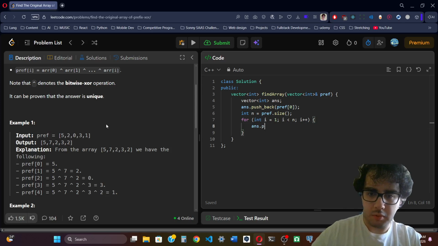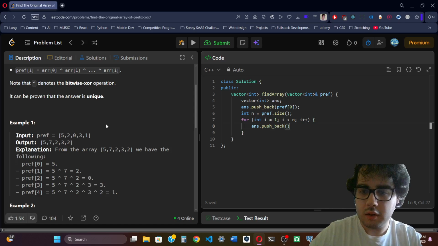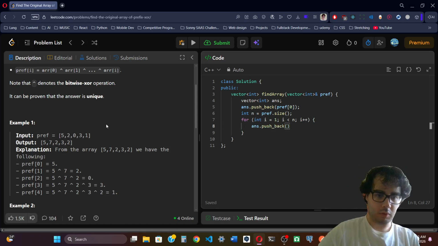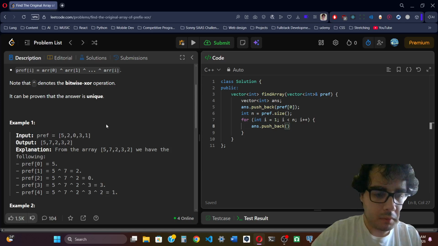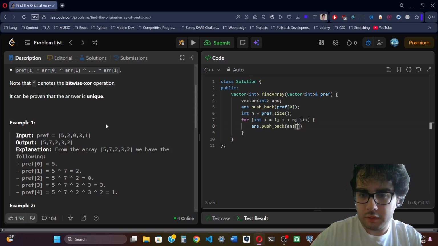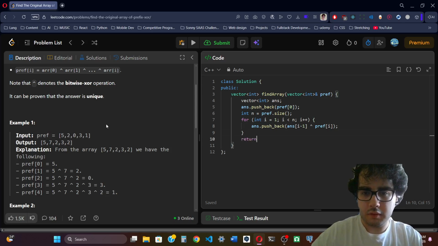Let's say ans dot push back pref of i XOR pref of i minus 1. Okay, let's see.